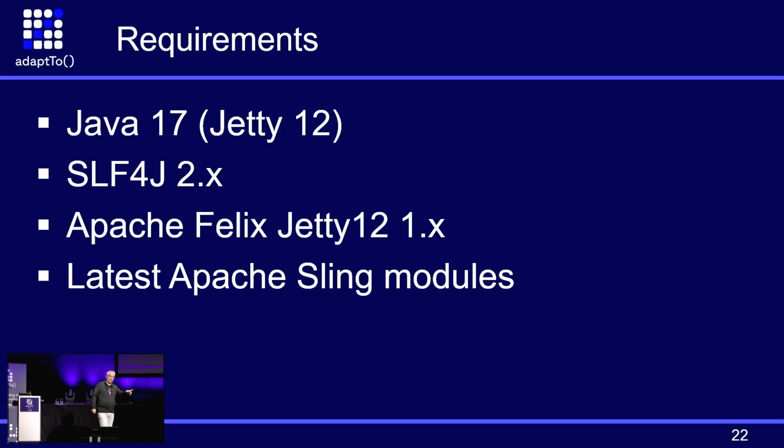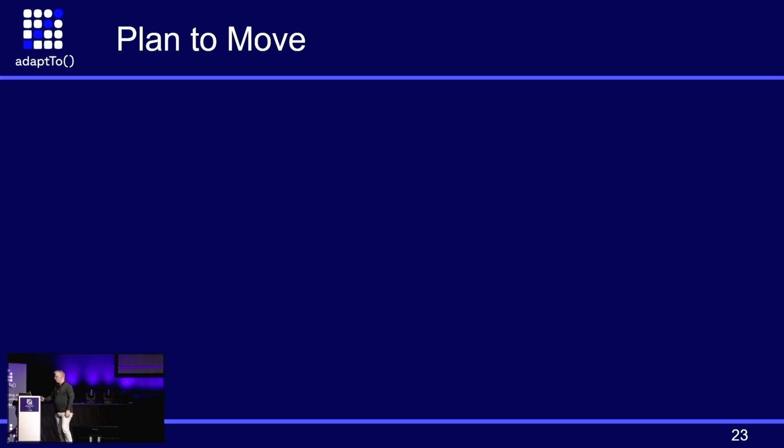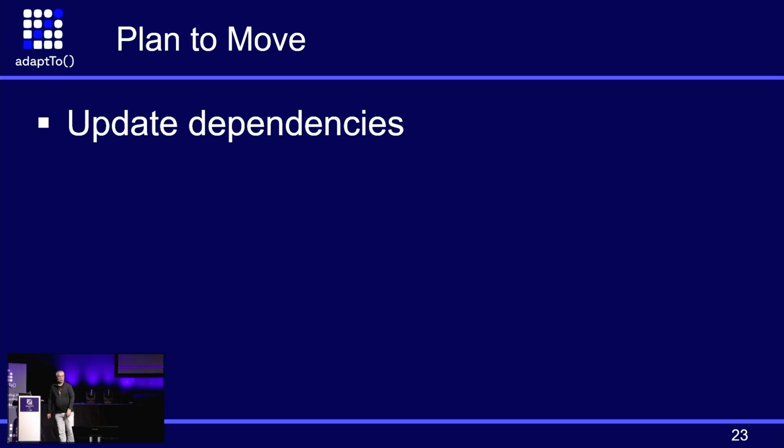Jetty 12, unfortunately, or fortunately, depends on your view, comes with new dependencies. So it requires SLF4J 2. You need that at runtime as well. And then you just deploy the latest released Sling bundles, and you can enjoy that stuff. My suggestion to move to the new things is update your dependencies, right?